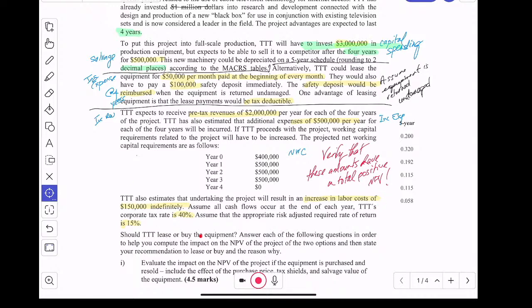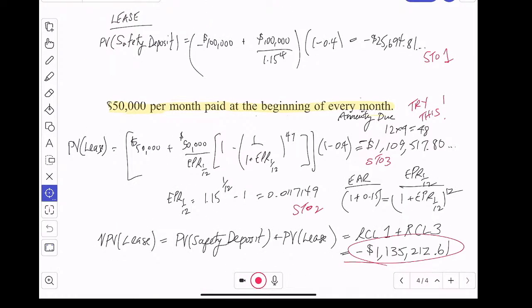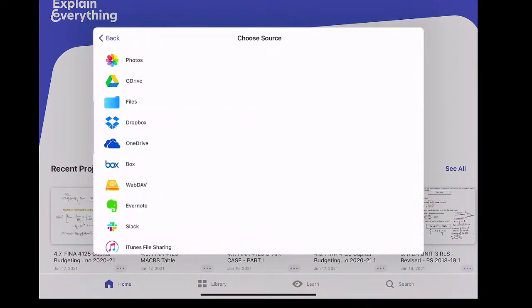You still have to check all of this to make sure it is more than the lease option. All right. So I think that's all I want to say about capital budgeting. You have to practice. You have still one more to try, and I'll send you the clave for that one.